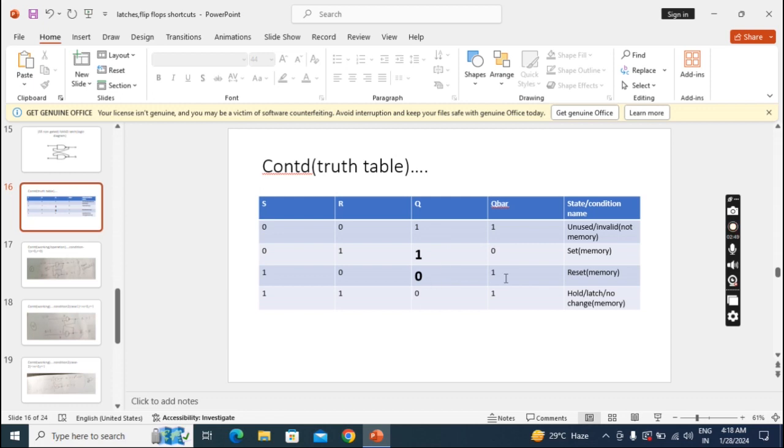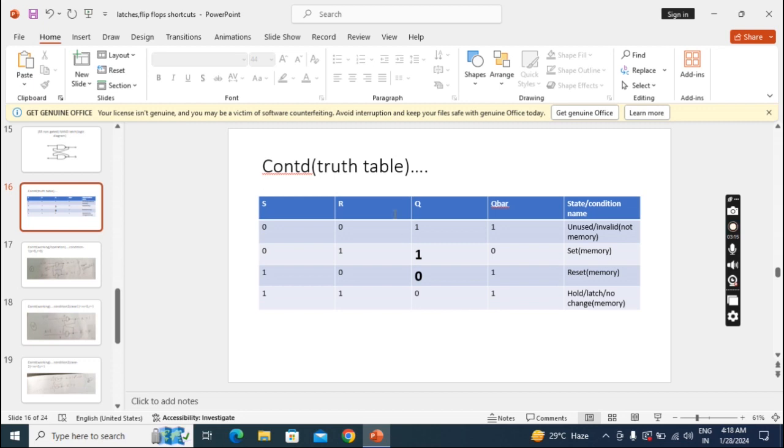Okay. So in the third condition, 0 1, now 0 is stored. So this we call reset. 0 means reset. Then next again 0 1. Previously 0 1, now also 0 1. It is maintaining the previous state. Whenever it maintains the previous state, we call it hold or latch or no change.